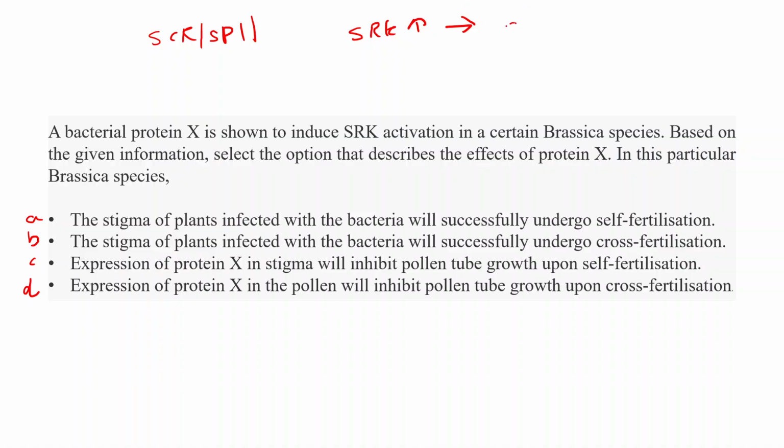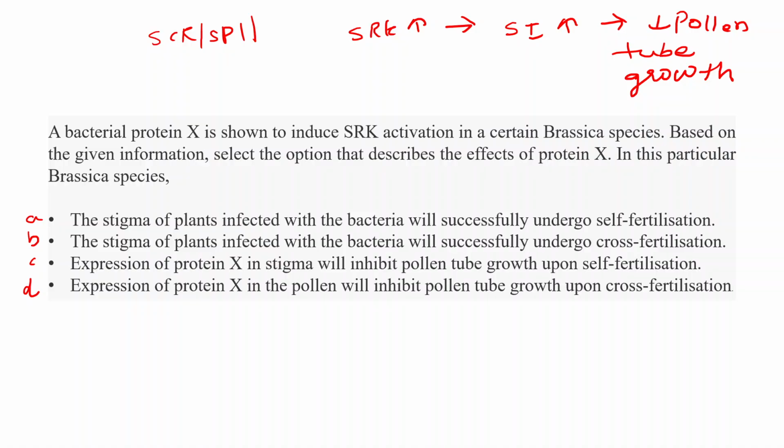Ultimately, self incompatibility signaling is triggered and it inhibits pollen tube growth. Okay, so for SRK to be activated during pollination, a ligand must be present on the pollen surface, or presented to the stigmatic receptor at the surface.